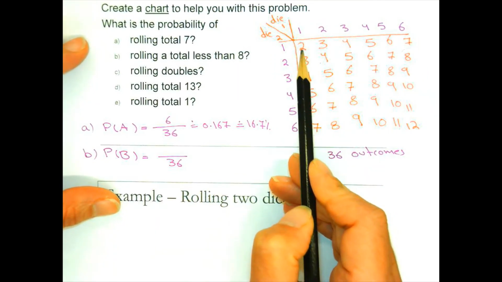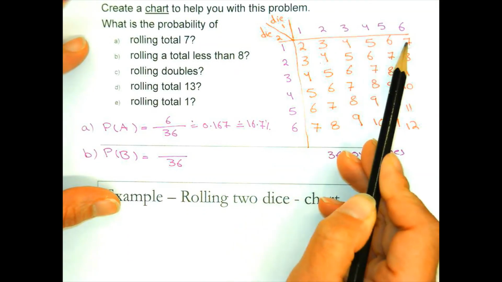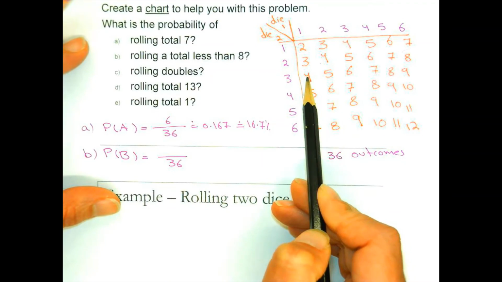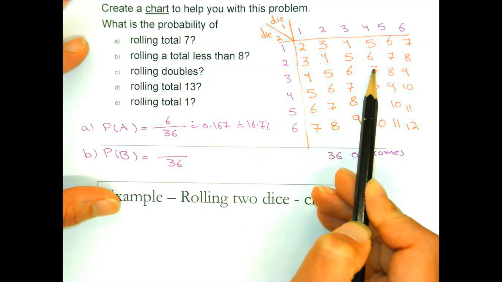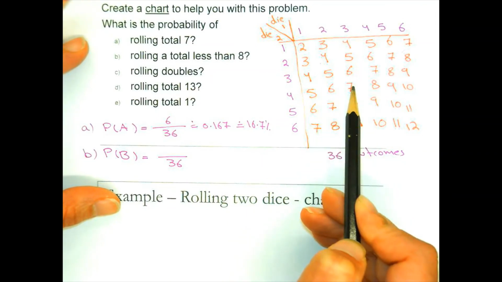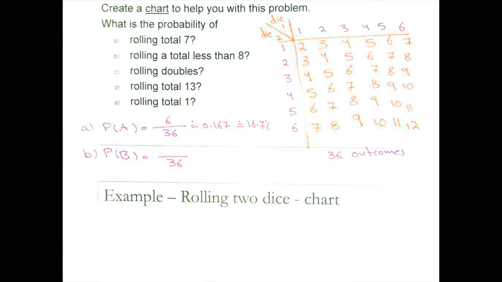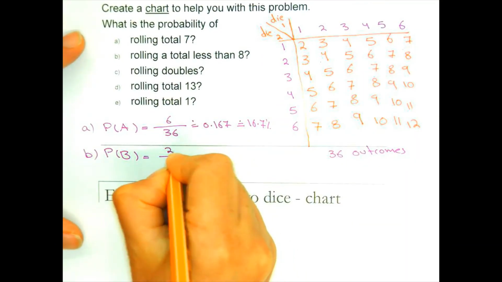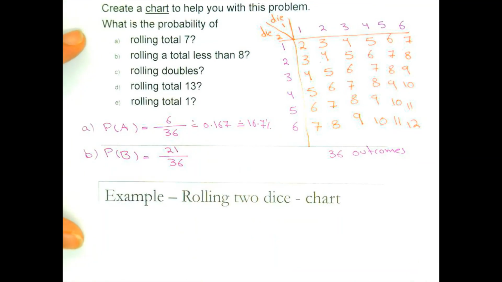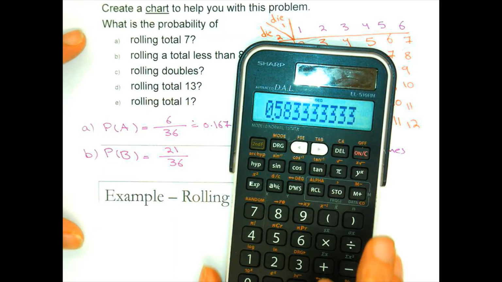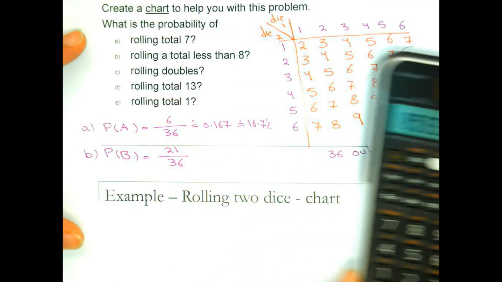So, we count them. 1, 2, 3, 4, 5, 6, 7, 8, 9, 10, 11, 12, 13, 14, 15, 16, 17, 18, 19, 20, 21. So 21 of these outcomes will give you a sum less than 8. So 21 divided by 36, 58.3%.